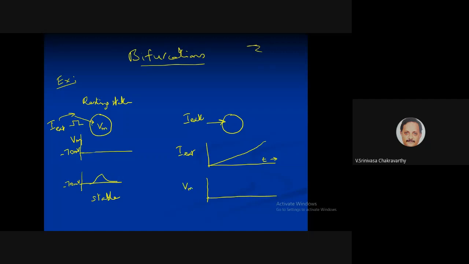Vm also will increase a little bit. So this is, let's say, minus 70. It will increase, but suddenly at some point it will start oscillating, with a fixed amplitude, a fixed time period, and so on.